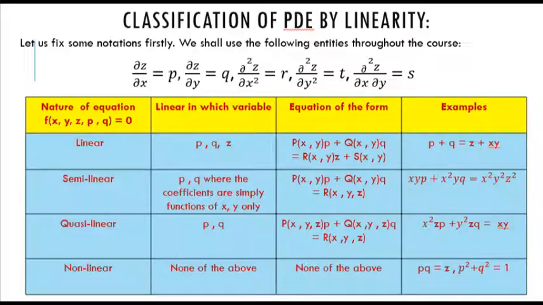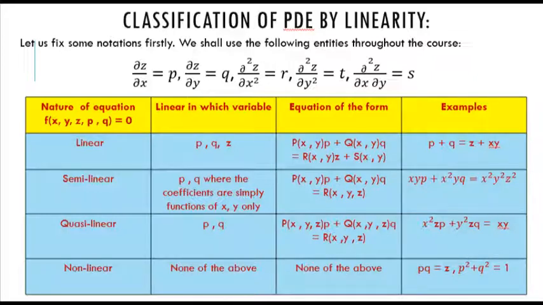So initially we fix some pre-assigned notation: p = ∂z/∂x, q = ∂z/∂y, r = ∂²z/∂x², t = ∂²z/∂y², and s = ∂²z/∂x∂y, which means joint differentiation.